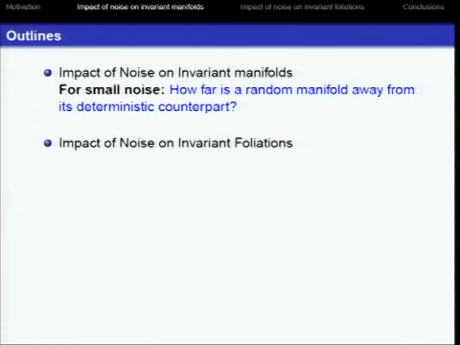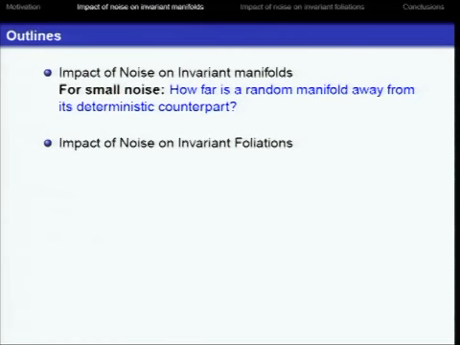Okay. Now, what we can do is for small noise. If the noise is very big, then the structure may be destructured or may maintain, but that's not what I can tell today. But for small noise, we can address the question, how far is the random manifold away from the deterministic counterpart? I know the deterministic part there, when the noise is gone.